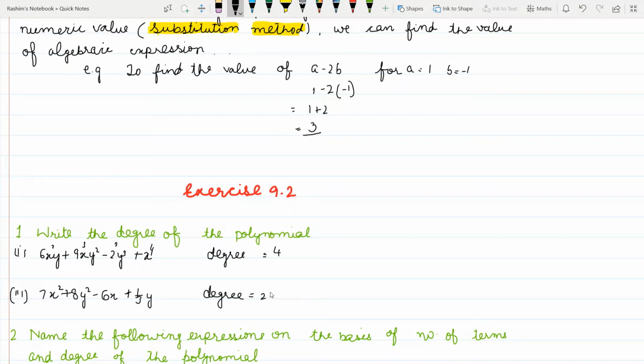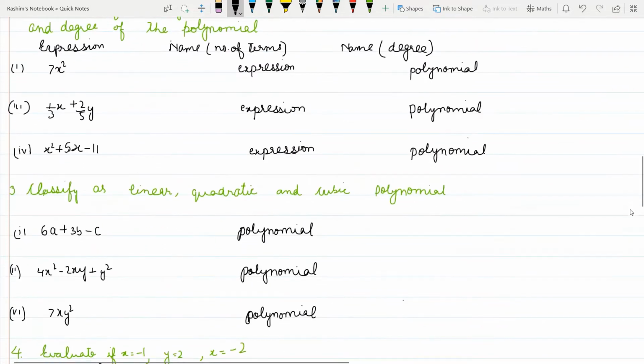Alright. Second question is: name the following expressions on the basis of number of terms and degree of the polynomial. If you remember, in the previous class we discussed the types on the basis of number of terms. If the number of terms is 1, then the expression is a monomial, if we have 2, then binomial, and if the number of terms is 3, then it is a trinomial. Now the first part is 7x square.